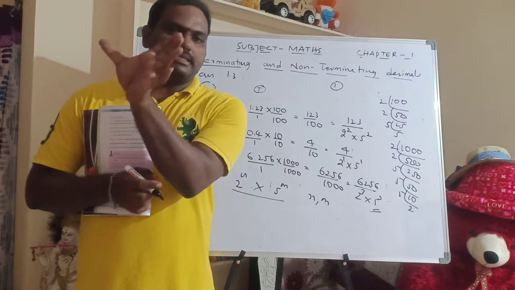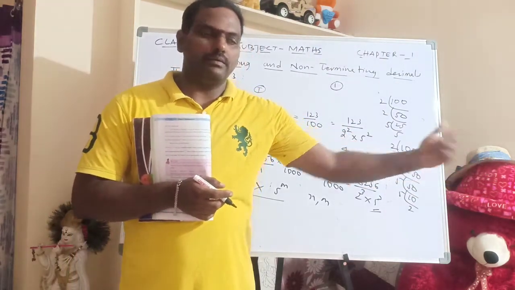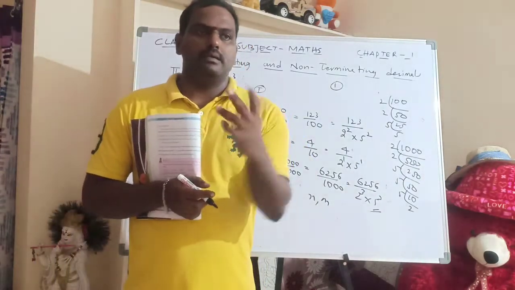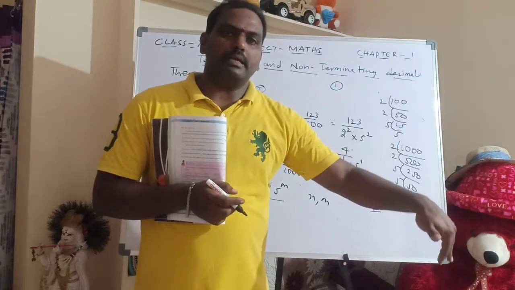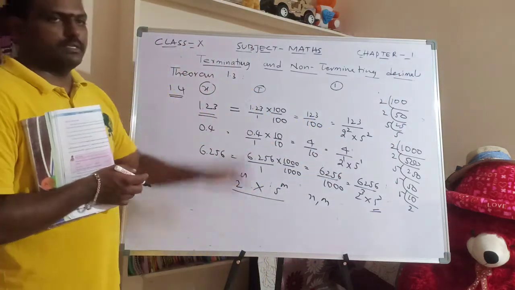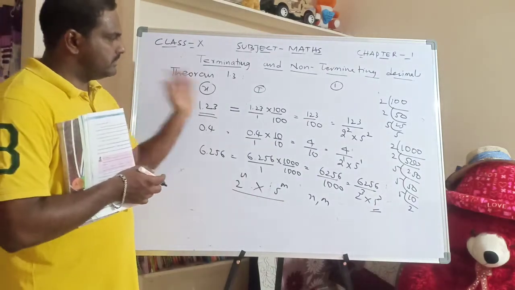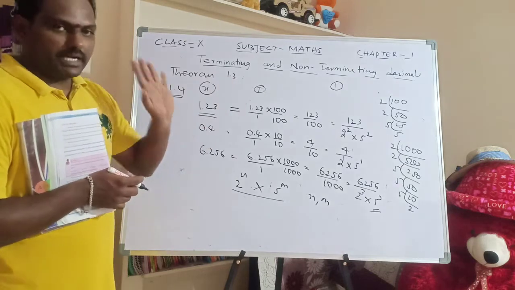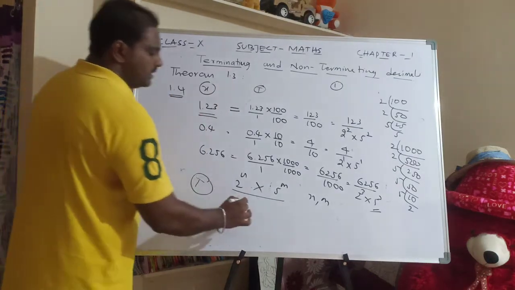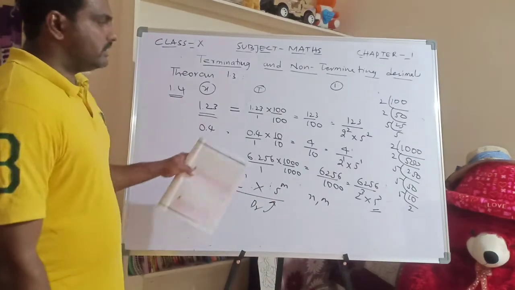If a decimal is terminating, its denominator can be written in the form of 2 power n, 5 power m. What is the reverse statement? If the denominator can be written in the form of 2 power n, 5 power m, it is a terminating decimal. No need to confuse, both are the same statements, but the final concept is, if a decimal is going to terminate, its denominator will be in this form. That's all. You have to learn this.